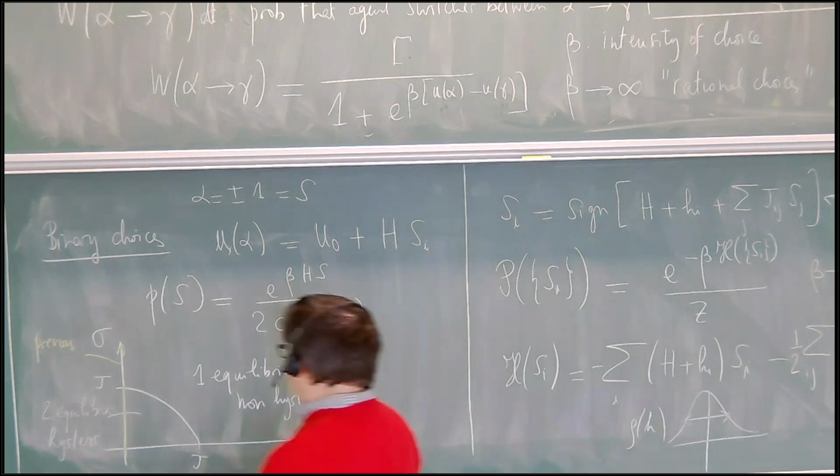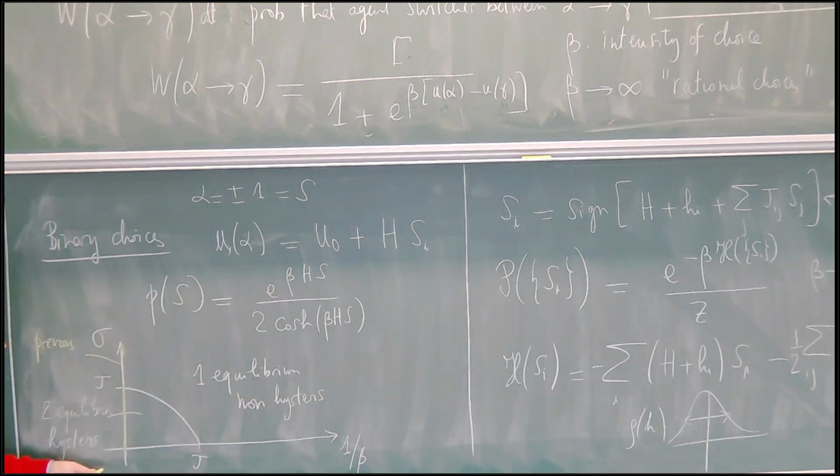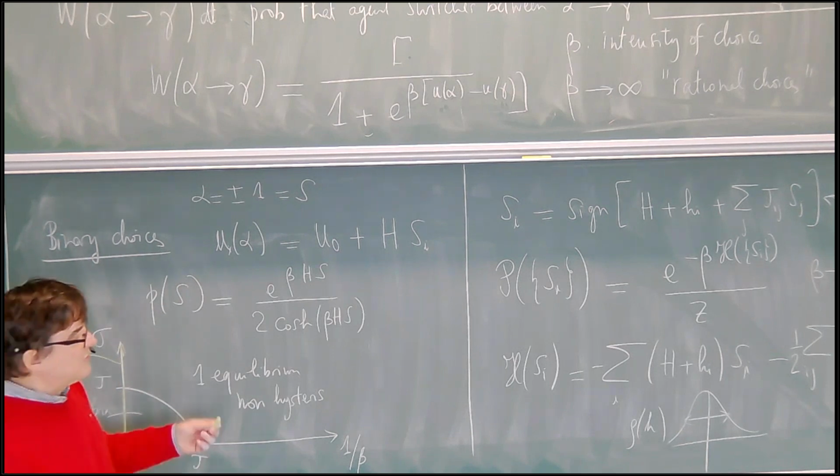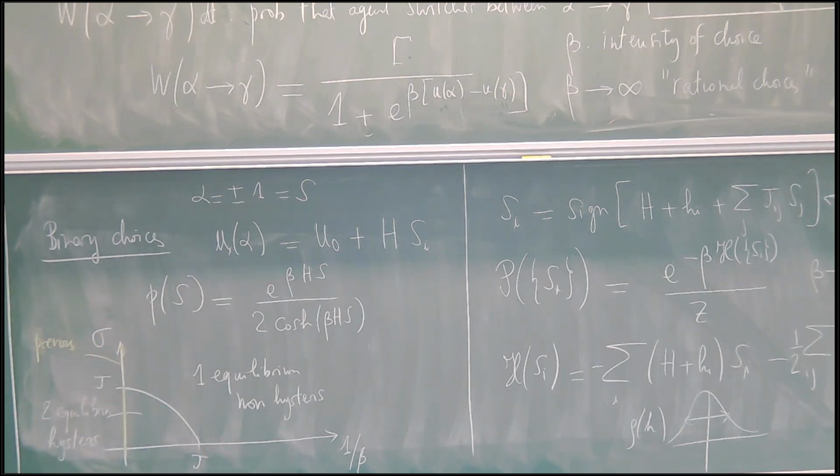So we recover that phenomenology here, but we see that fortunately it's not restricted to zero temperature. And the same phenomenology holds even if you consider a more general model where people don't take choices by systematically optimizing their utility function, but also allow for some noise.